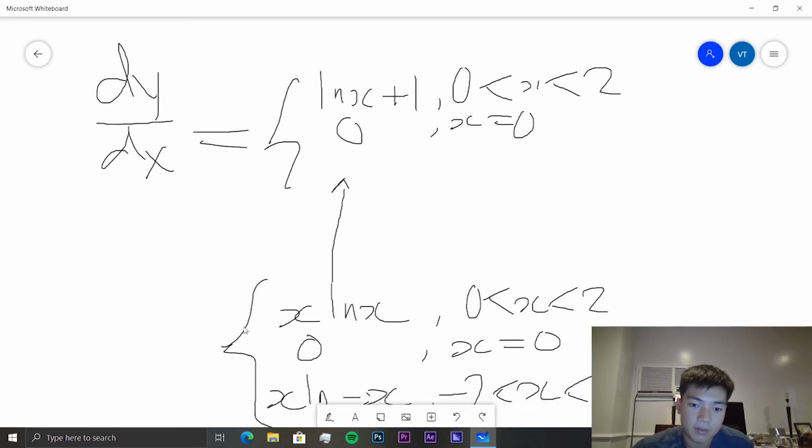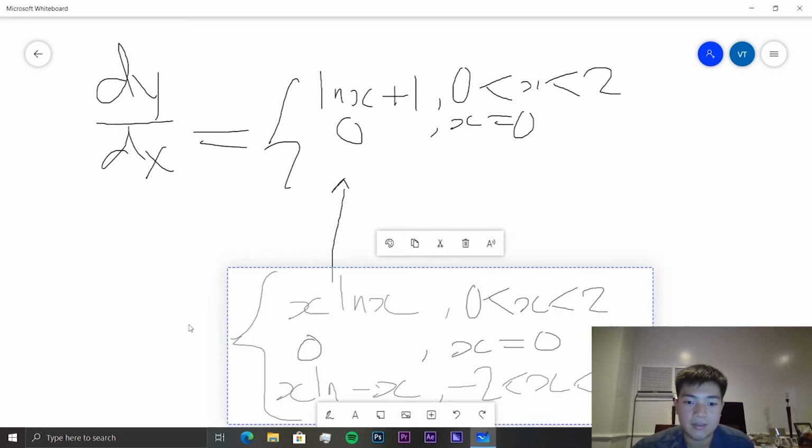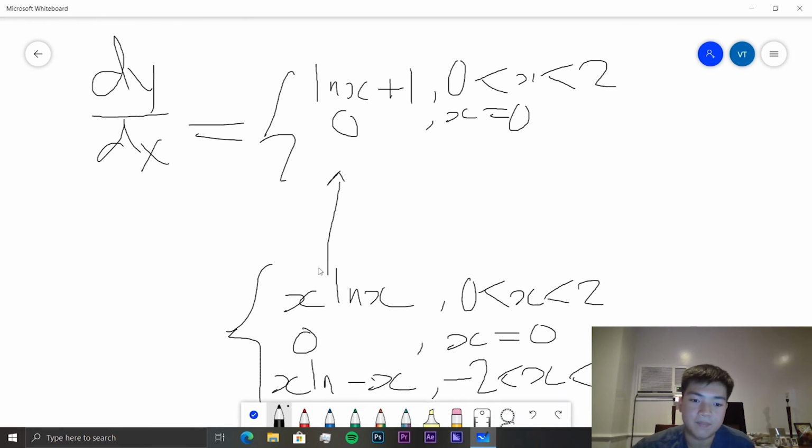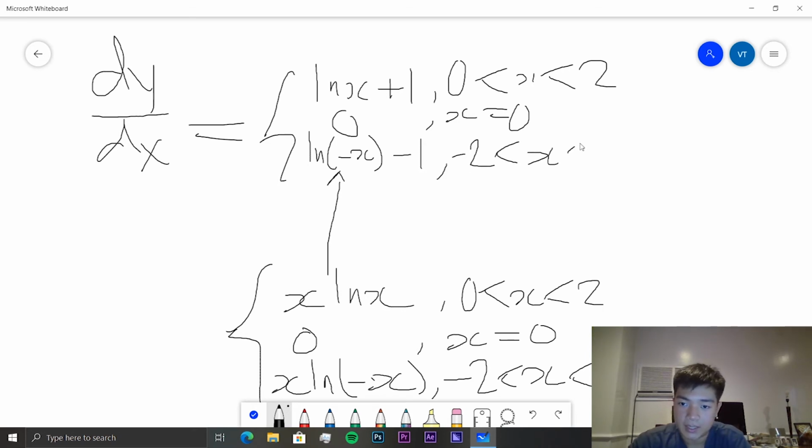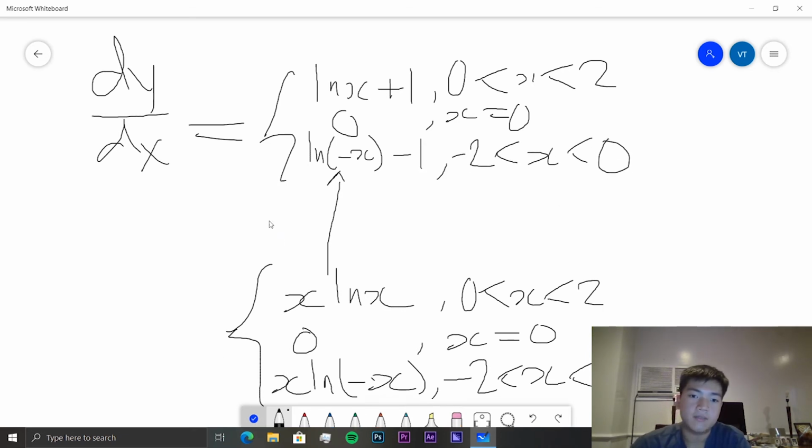And then for this lower one, x ln of minus x, we get ln of minus x plus derivative of this is -1 over x times x. So ln of minus x plus 1, for -2 is less than x is less than 0. So we need to find turning points.